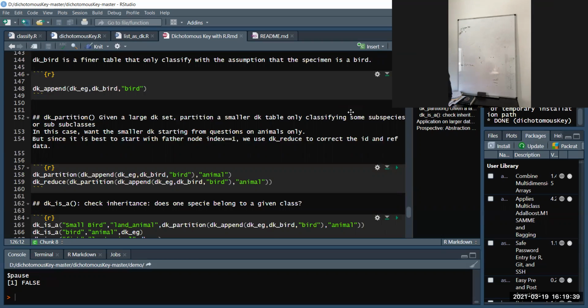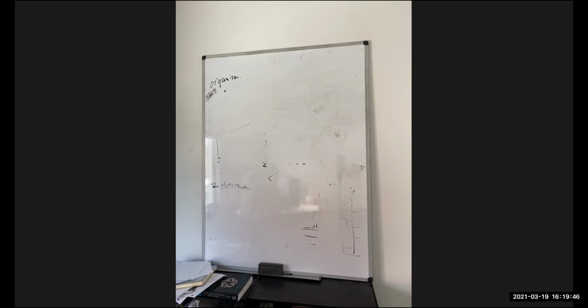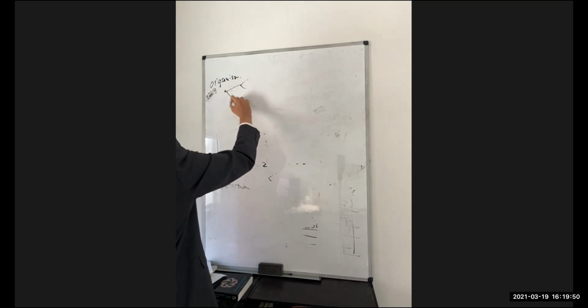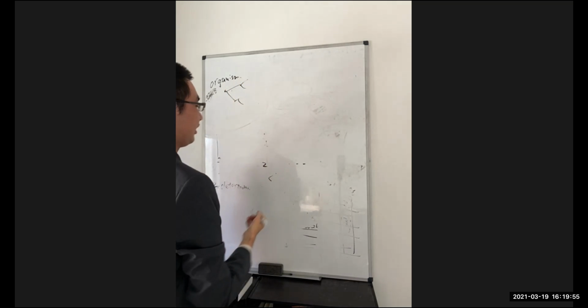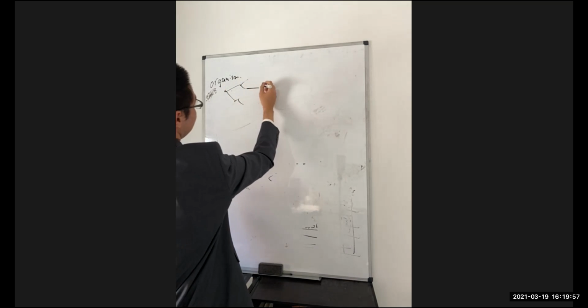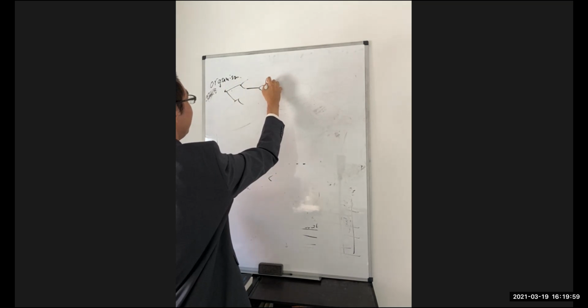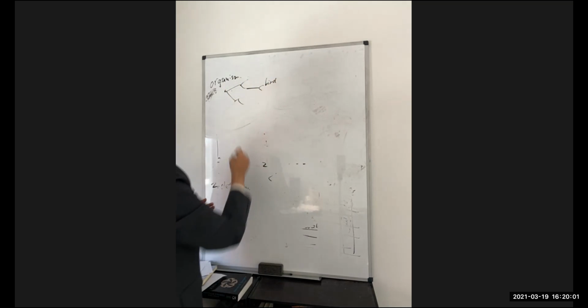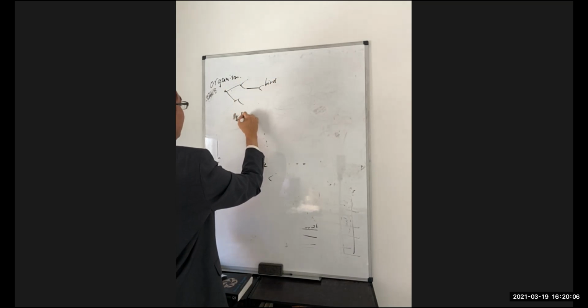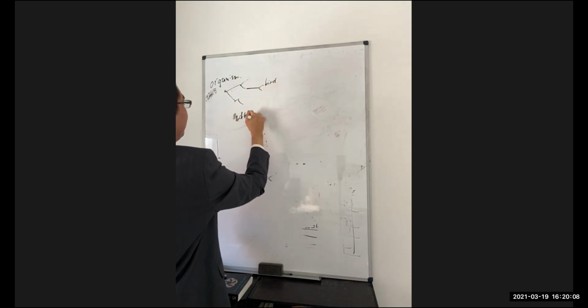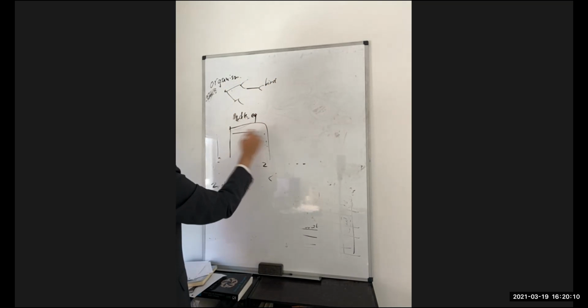Okay, so if I start with such a list, and then I have a dichotomousKey table that could classify any living organism to maybe like bird, and this is maybe the DKEG, the DK example data frame, and it has this table, right?